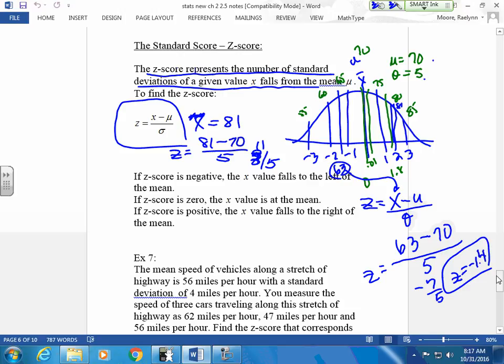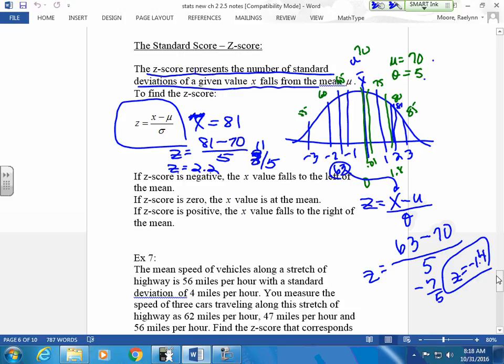This gives me 2.2. So I knew it was going to be positive, but I didn't know exactly what number it would be. So with this formula, and this is a formula we will use all the time, to find a z-score.